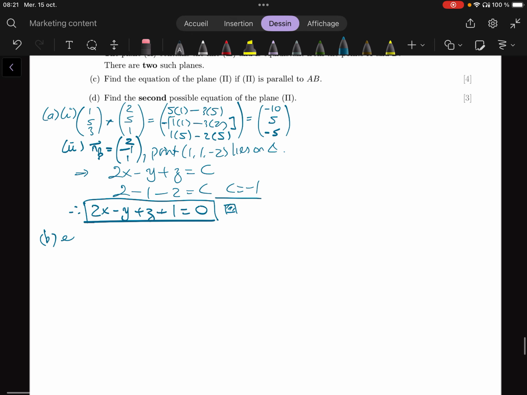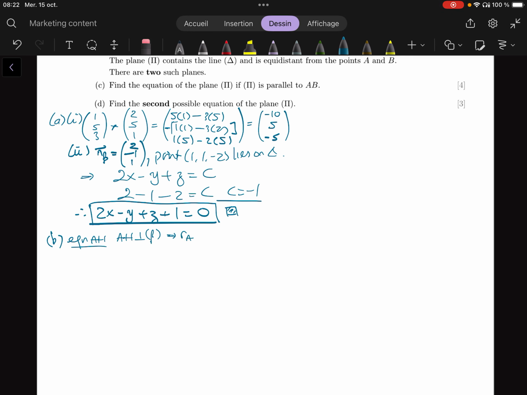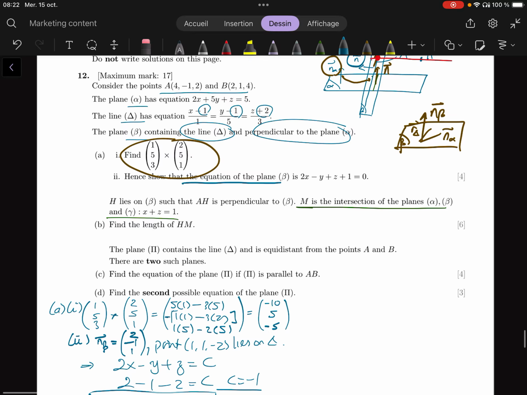So let's construct the equation of AH. Because AH is perpendicular to beta, this means that the direction vector of AH is equal to the normal vector of beta, or 2, -1, and 1.